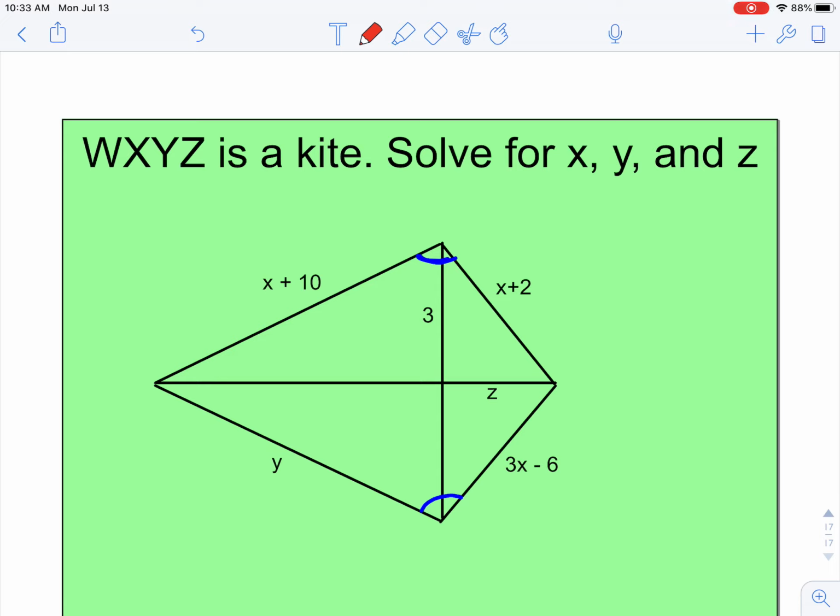So here's a little bit more involved problem, where we're solving for multiple things. It tells us it's a kite. We're going to solve for x, y, z. Notice we have the congruent angles marked.